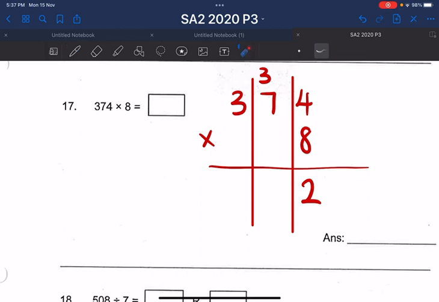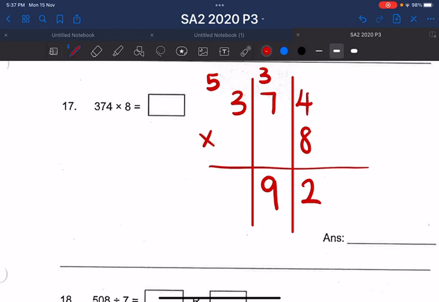Now the next one that we go on to is 7 times 8. 7 times 8 is 56, am I right? Now 56 is not all. With 56 we have to add the 3 tens. 56 plus 3 will be 59. We put a 5 on top.